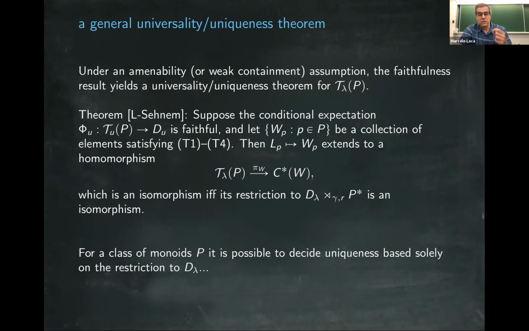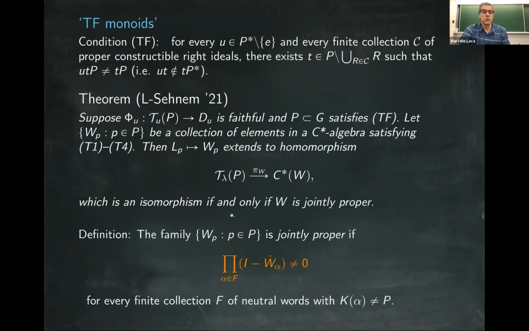In other words, we can identify a condition on the monoid that tells you that you can go down to a simplified condition for faithfulness on just D lambda. We call those TF, or topologically free.